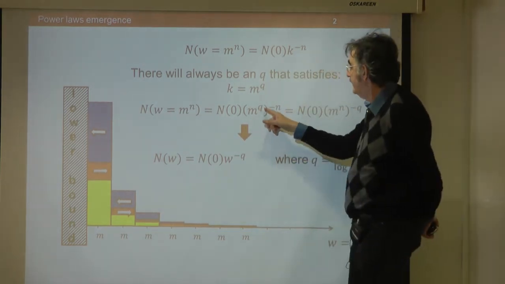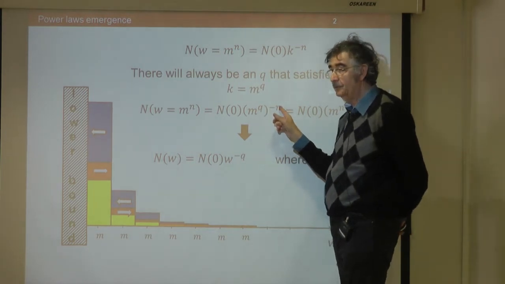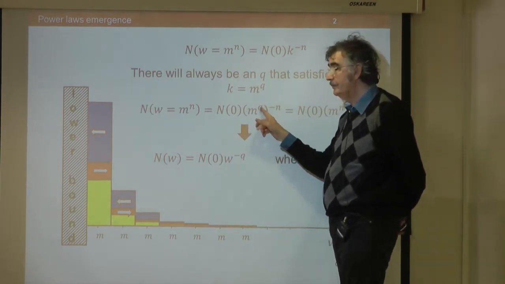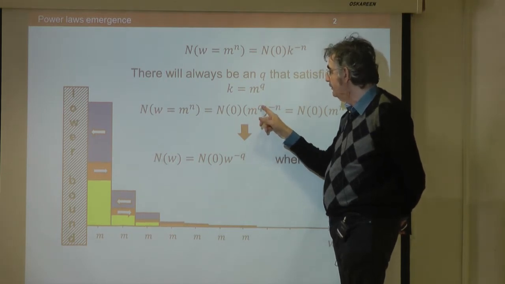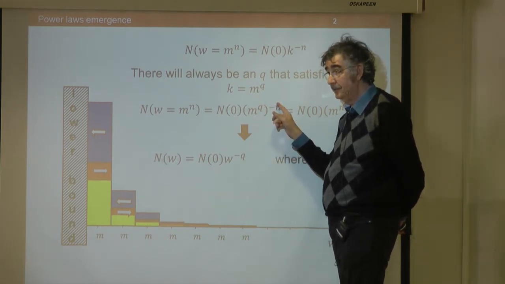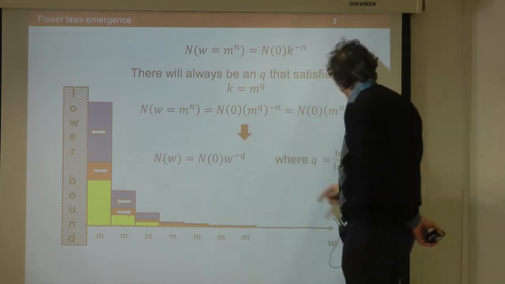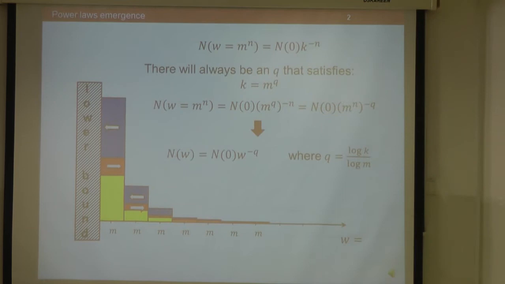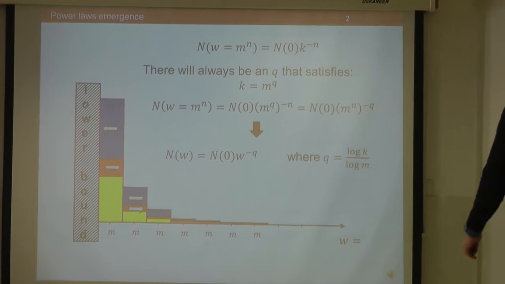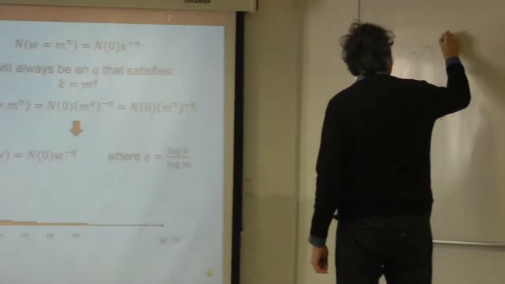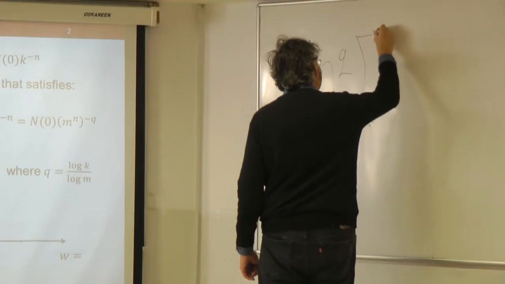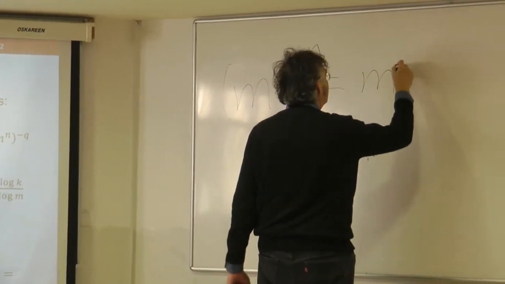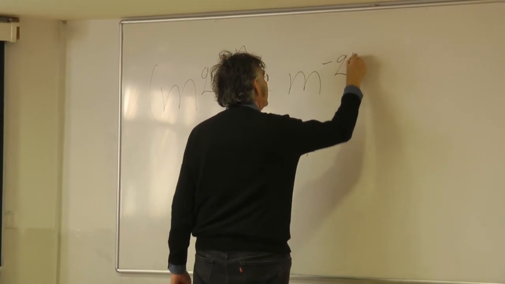But now I'm using the fact that something raised to a power raised to another power is the product of the powers. And therefore, this is equal to m to the minus nq. Could you say that again? Something raised to the powers and product? Okay. This you can know by heart. Now I'm writing something that you have my moral permission to know by heart. m to the q to the minus n is equal to m to the minus qn.